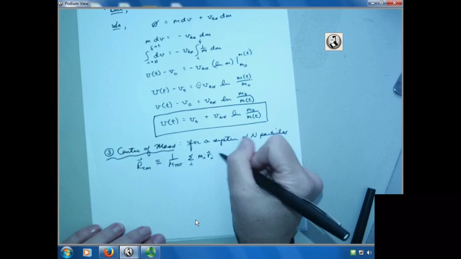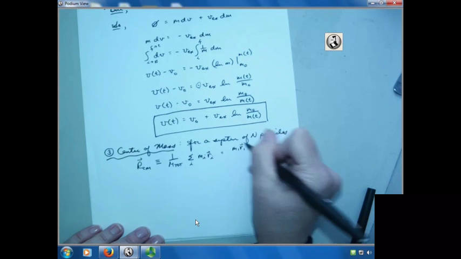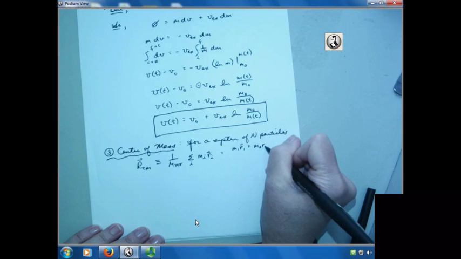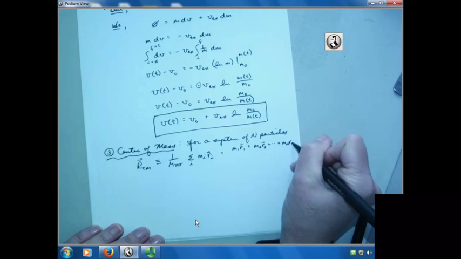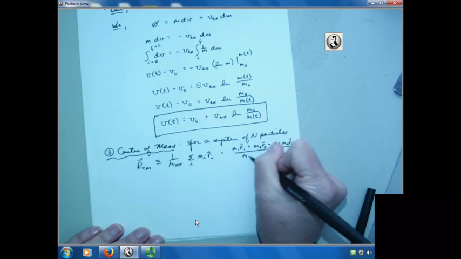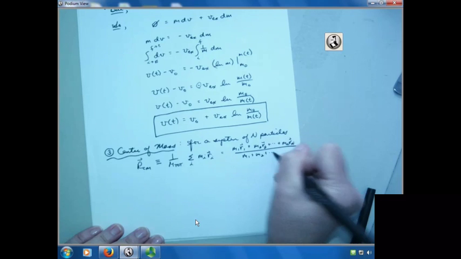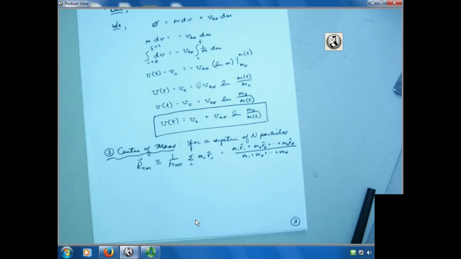If you wanted to expand that, it would be m1 r1 plus m2 r2 plus and so on plus m sub n r sub n, all over the total mass, also known as m1 plus m2 plus and so on plus m sub n. Okay, so that's our definition of the center of mass.